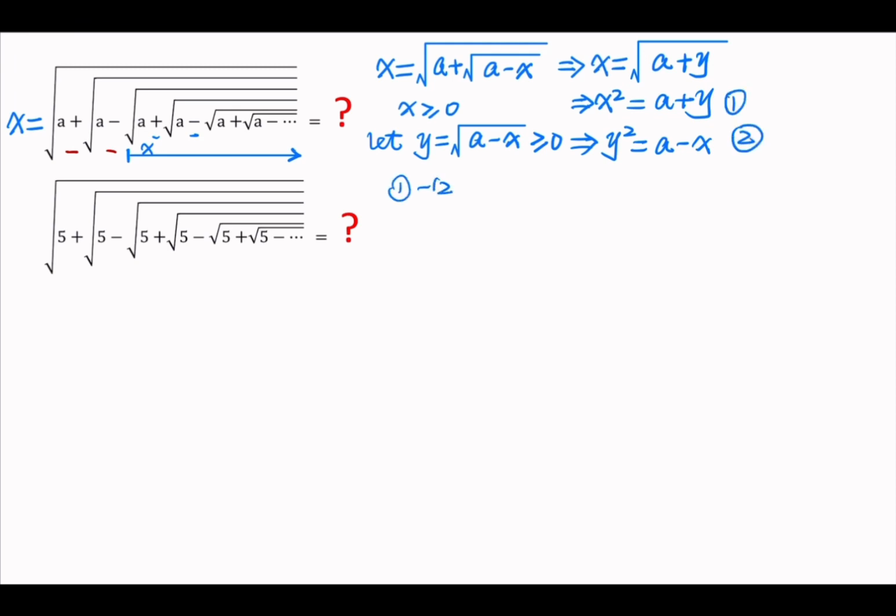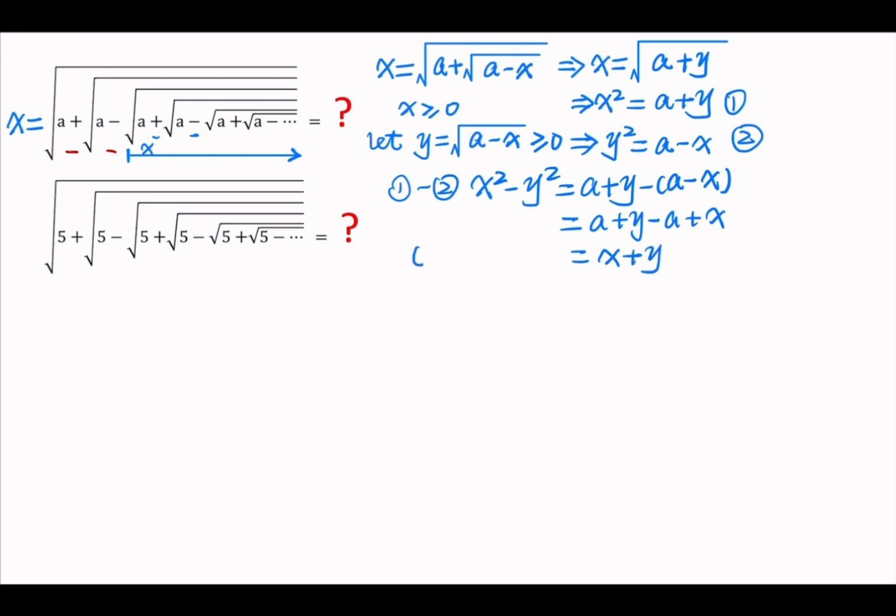1 minus 2 is x squared minus y squared equals a plus y minus a minus x. So that equals a plus y minus a plus x, which equals x plus y. While the left side of this equation can be written as x plus y times x minus y.